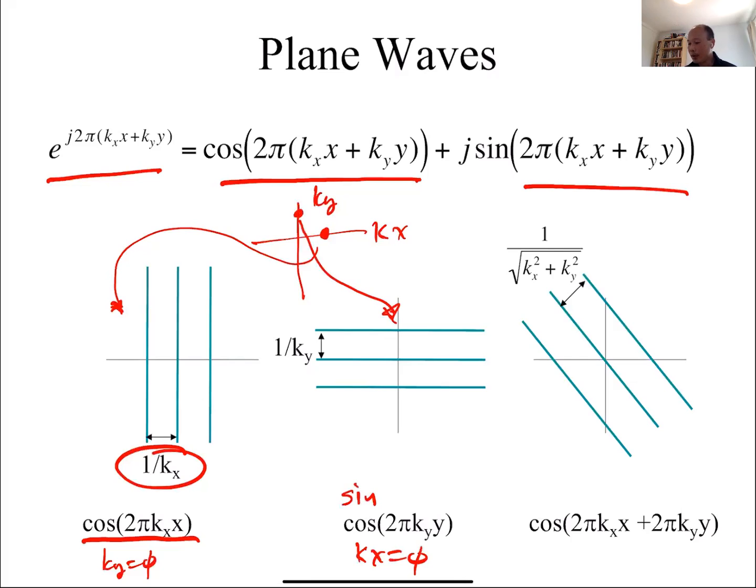And here, if we're at some point in K space, so Kx, Ky, there's both Kx and Ky, then we're going to have a diagonal stripe, okay, because there's variation in both the X direction and in the Y direction. And it turns out here, the spacing between the peaks is given by this formula here.